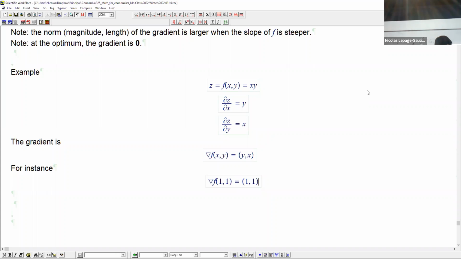So it's a vector that points in the direction essentially. I can just say that I'm here and I go towards this direction. And of course, this gives me a higher utility. That makes sense? Exactly.